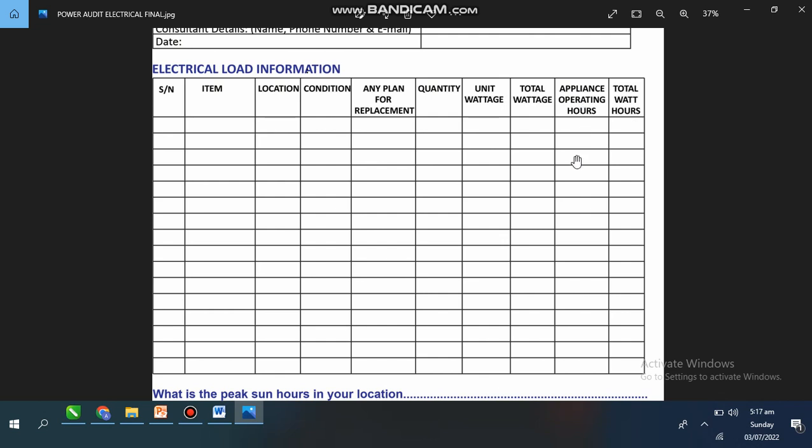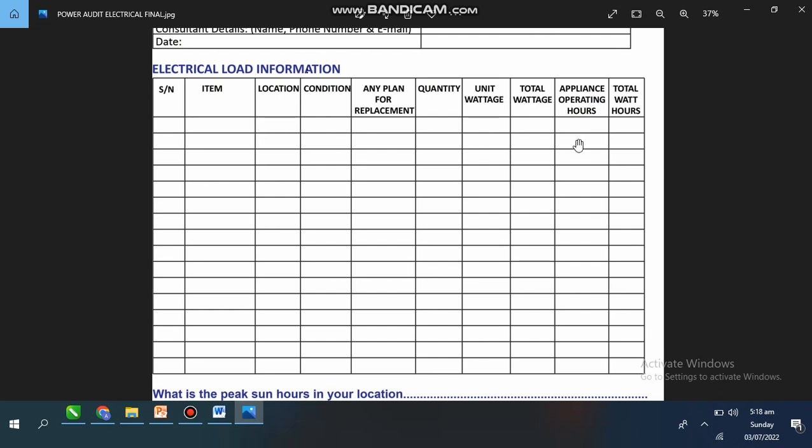If it is like the AC or fridge, you might not be running those electrical loads all day. They are heavy loads. If you say you will be running it for 24 hours, no problem. We will advise you, we will tell you the implication of running the AC for 24 hours. We'll tell you the implication of running your fridge for 24 hours, because those are electrical loads that really consume power when we talk of installation.